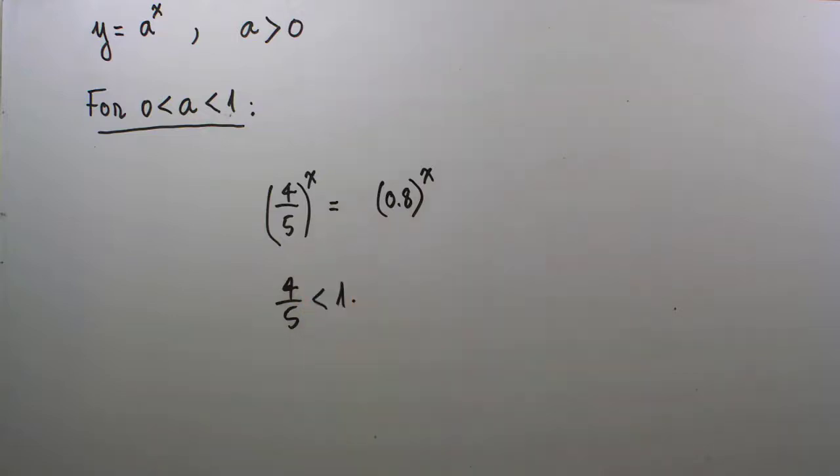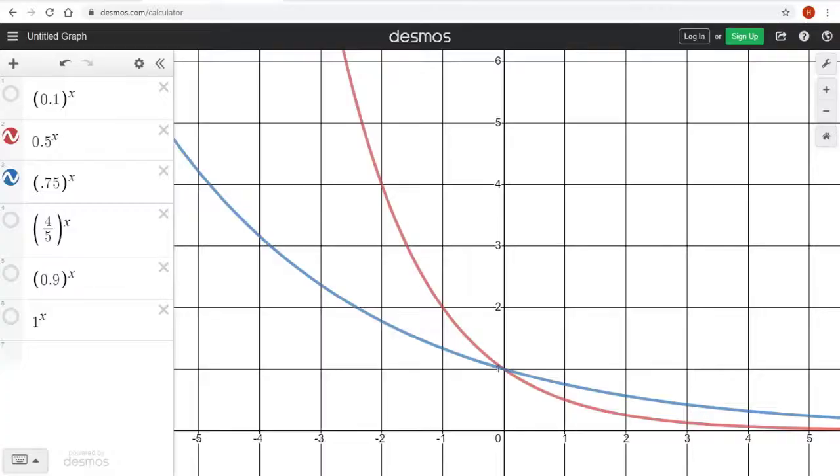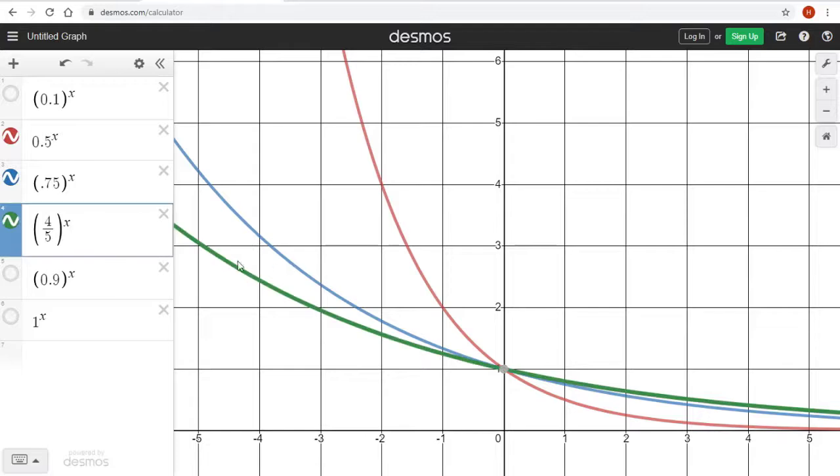Now let's look back at the graphing calculator on Desmos. As I bring up the actual graph for 4/5 to the x, the graph is displayed in green, and you can see it has that similar shape that the two earlier functions have already displayed. It's a one-way falling graph from the left to the right.